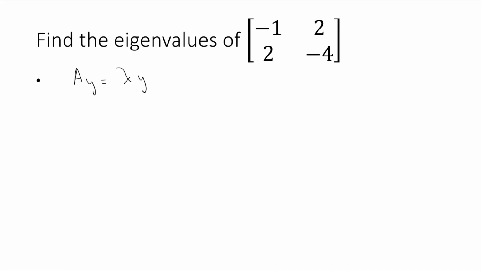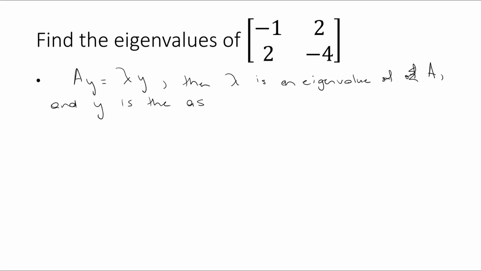And if we do, then we say that lambda is an eigenvalue of A, and Y is the associated eigenvector.